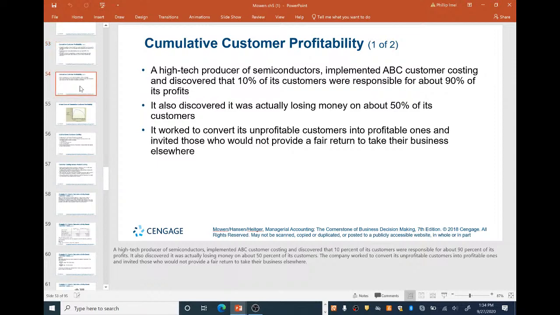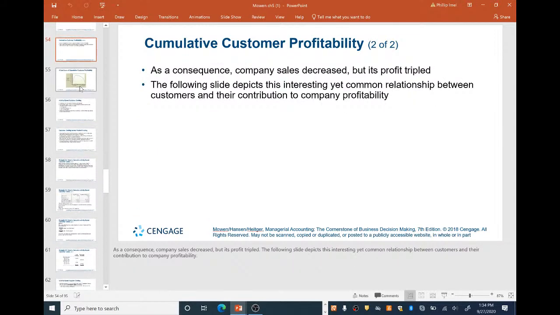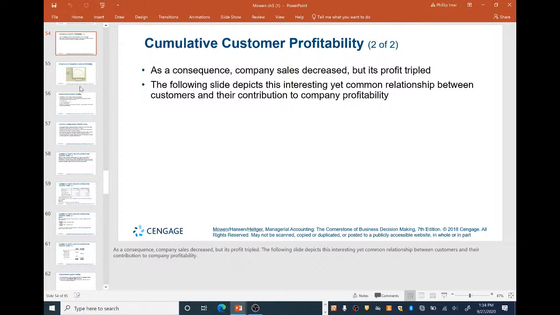In other words, they were no longer interested in providing those customers the service that they needed, which makes sense because they were losing money on it. As a consequence of doing so, this high-tech company saw a major decrease in their sales. A huge decrease in actual sales, but their overall profit actually tripled.